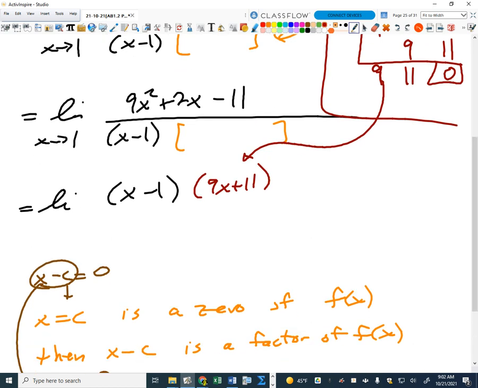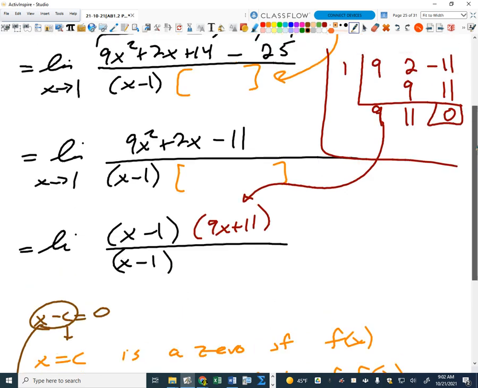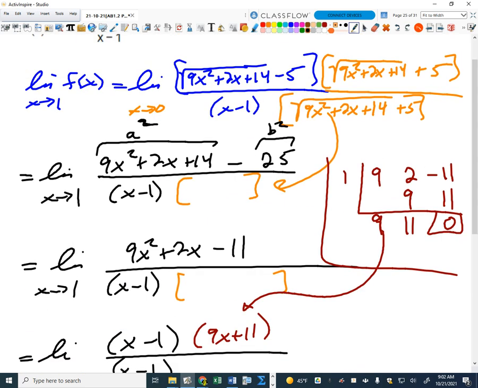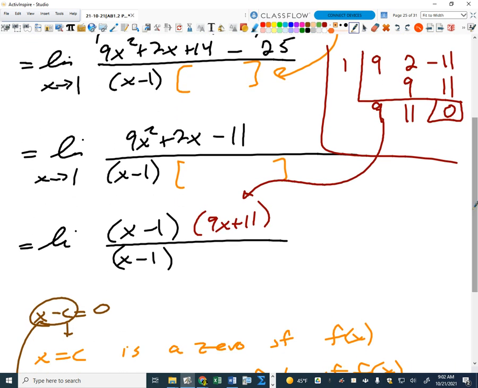And then on the bottom we've got x minus 1, and then we've got that big orange factor up there. I just didn't want to write it a bunch of times, but it's 9x squared plus 2x plus 4. Okay. And, whoops, I wanted that down here, didn't I?